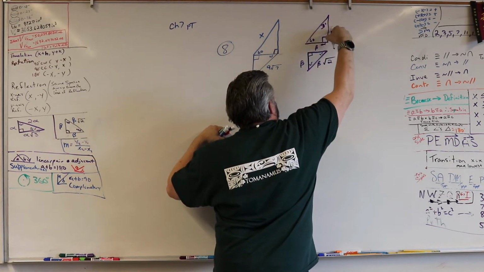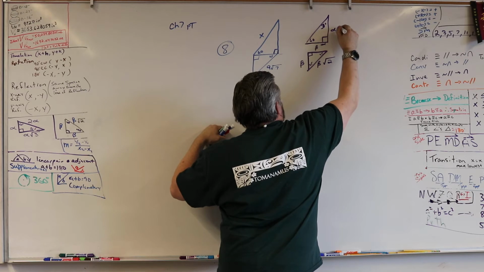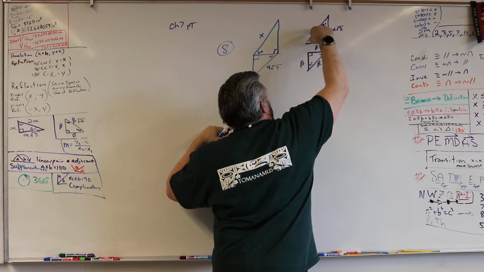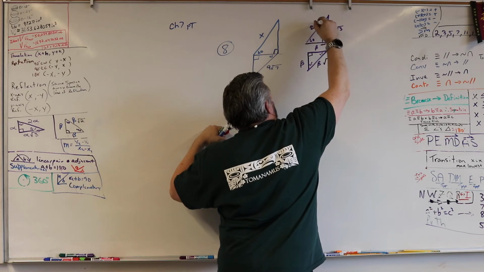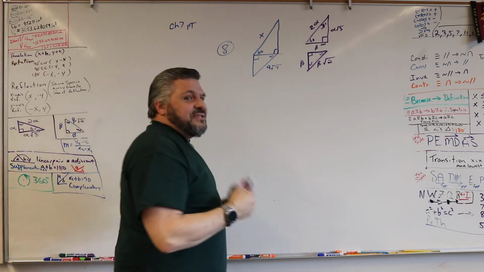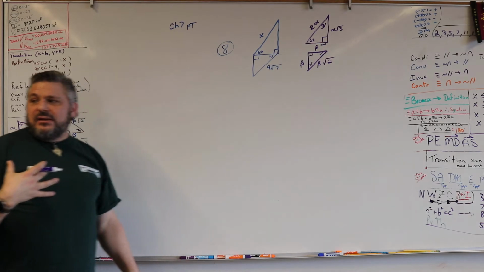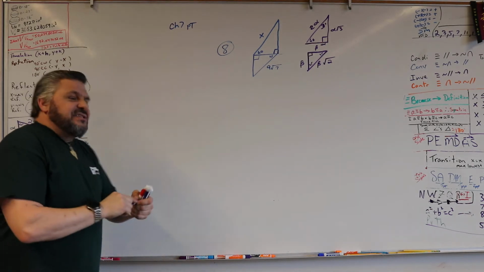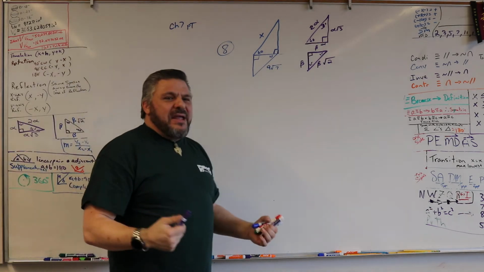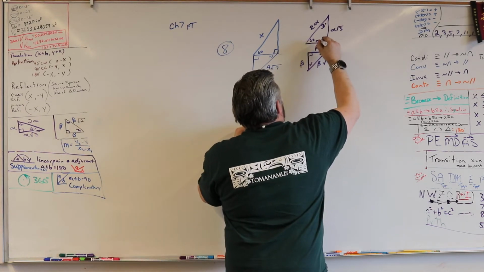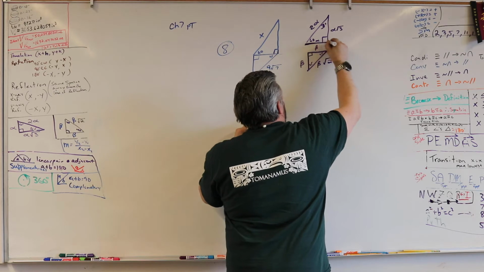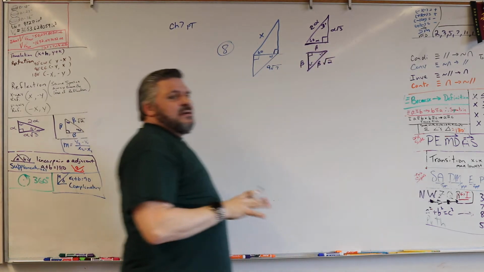And across from the 60 is alpha square root 3. And across from the 90 is 2 alpha. And that's also going to be our x, right? And it's okay that we have alpha as our length right here and beta as our length right here. That's okay.